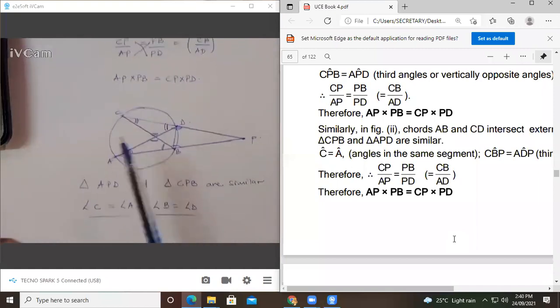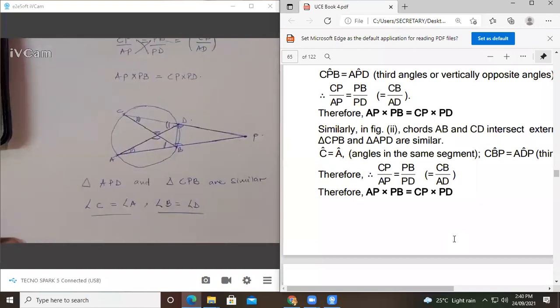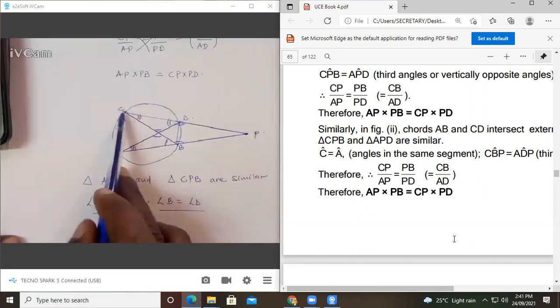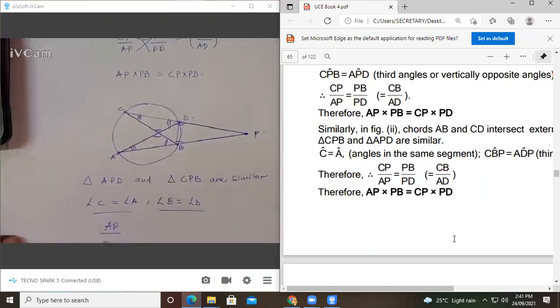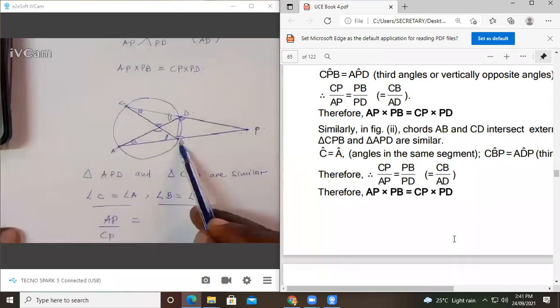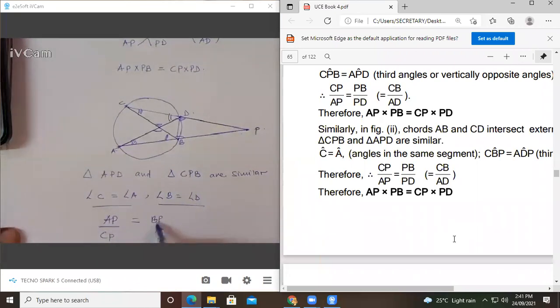It is okay. There they are just using the knowledge of similarity of triangles. That if you get AP, the bigger AP of this side, over CP of the other side, is equal to the smaller one, PB over DP.